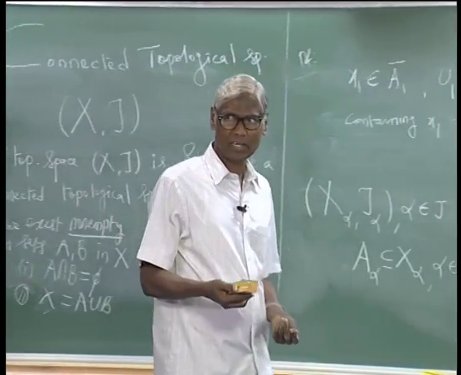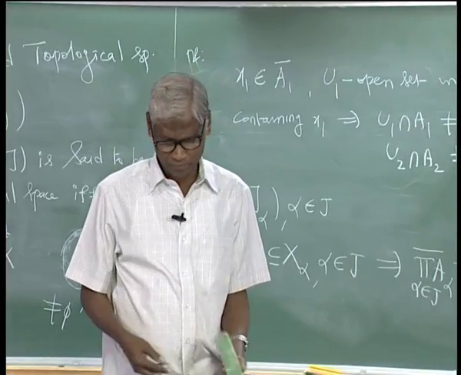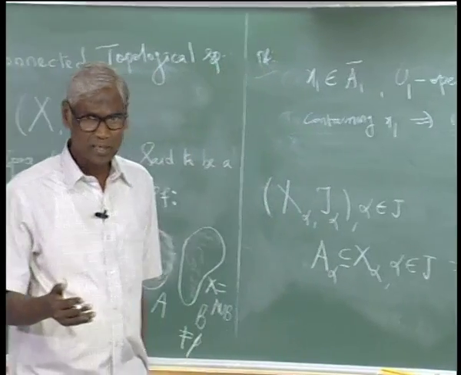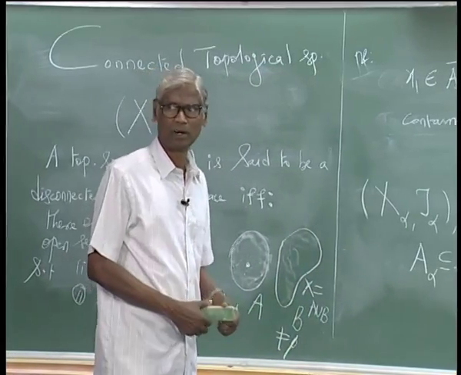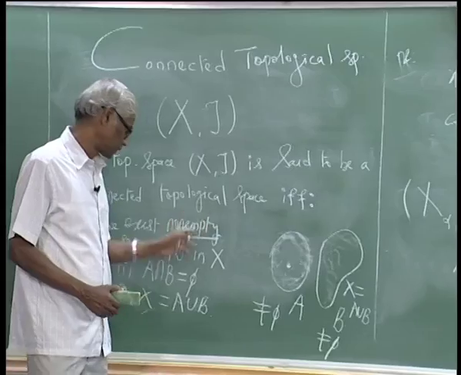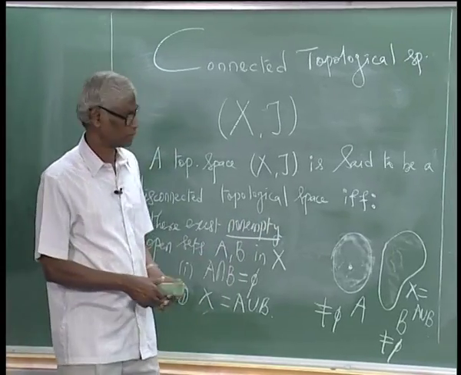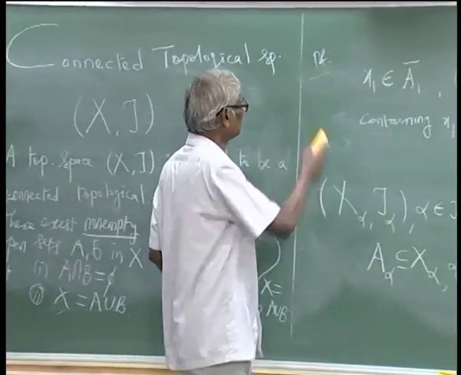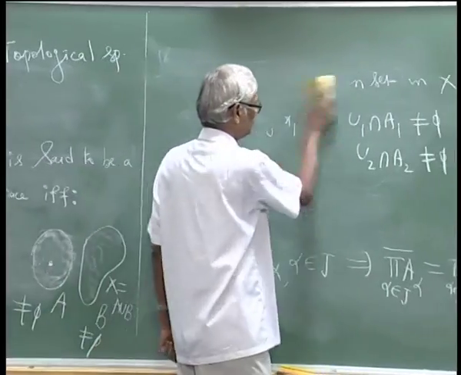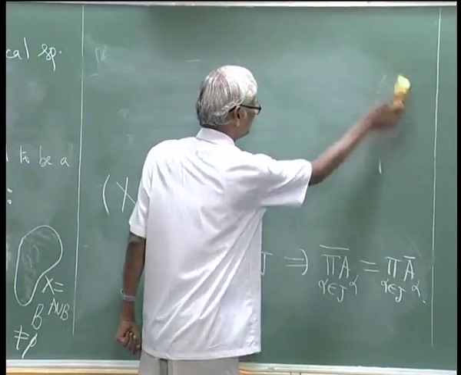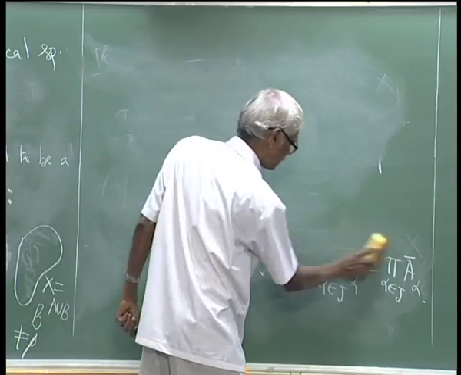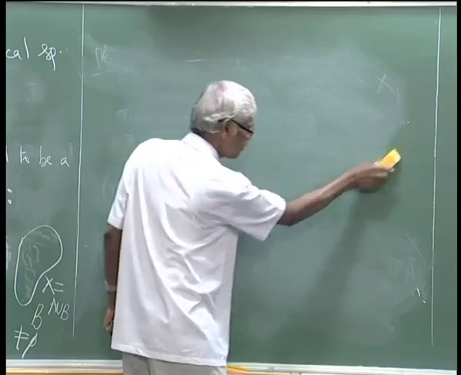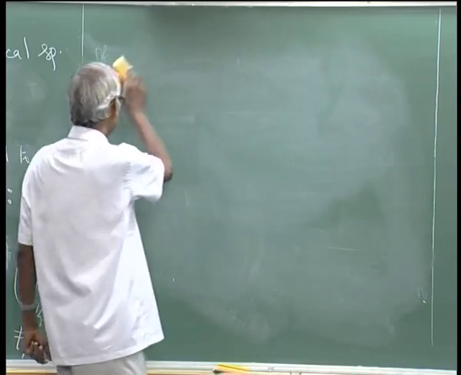Then what does a connected topological space mean? There cannot exist a pair of non-empty open sets having these properties. Then we say, the negation of this statement: if it is not disconnected, we say that it is a connected topological space. What are the trivial examples?